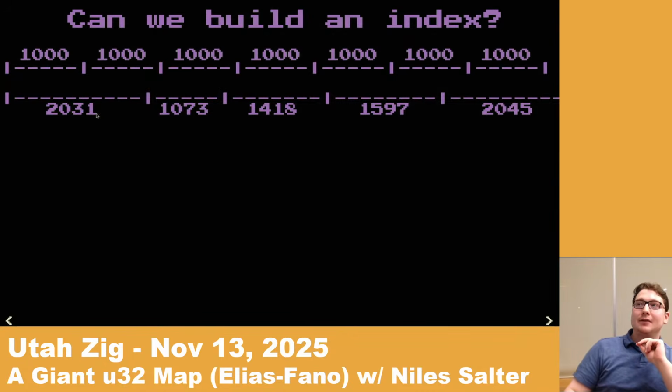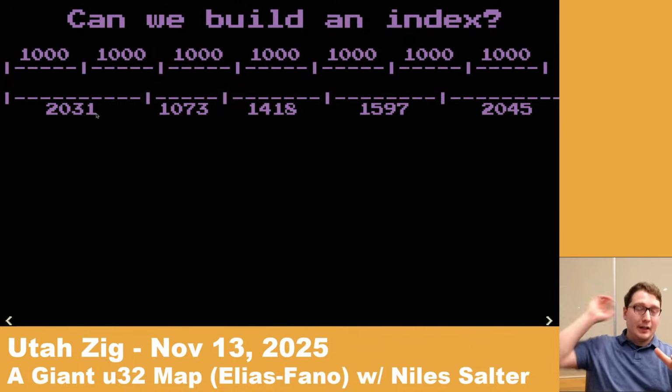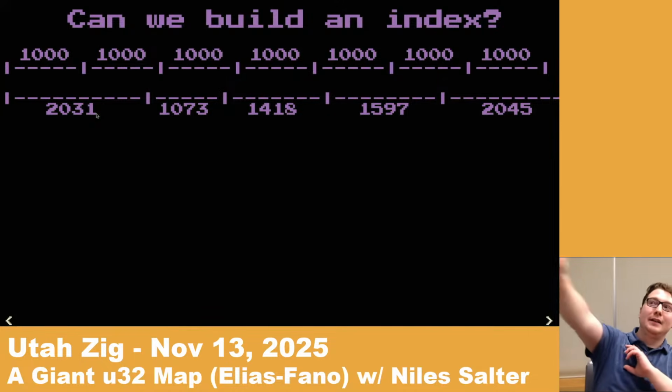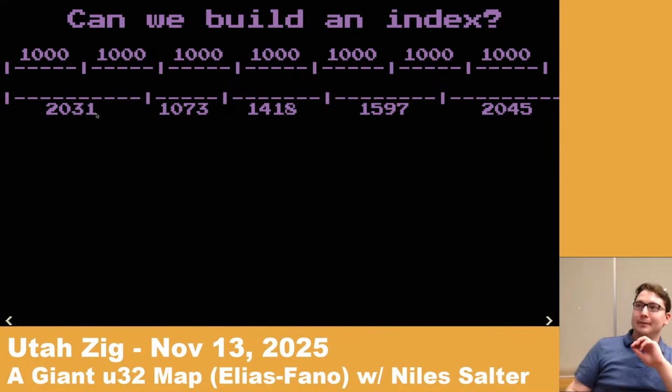So let's say that that's 1,000. What this allows me to do is take the IP that I'm querying for, divide it by 1,000, and that can map me somewhere in this absolute interval space.